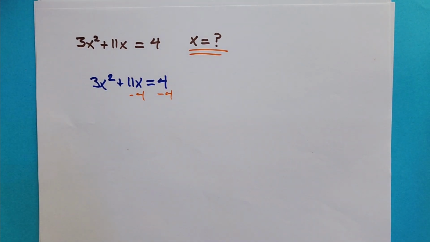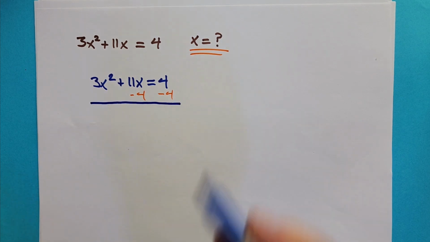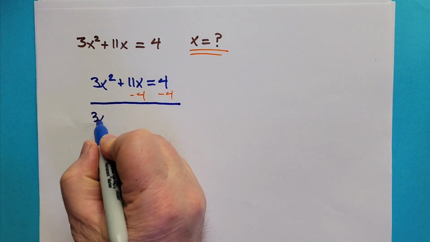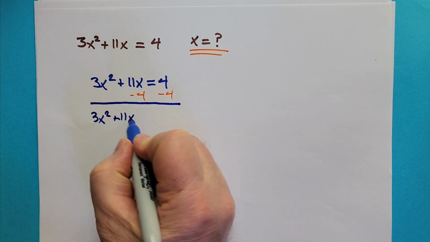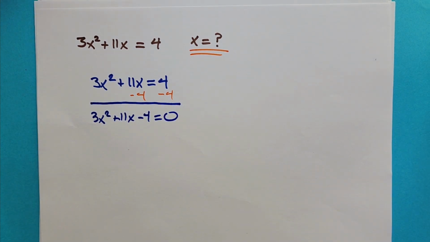Notice how I said that. I'm adding a negative 4. I'm thinking in terms of inverses. And I used the sum line to remind me of that. Okay, so we'll add these things. We get 3x squared plus 11x minus 4 equals 0. So now our equation is in standard form.